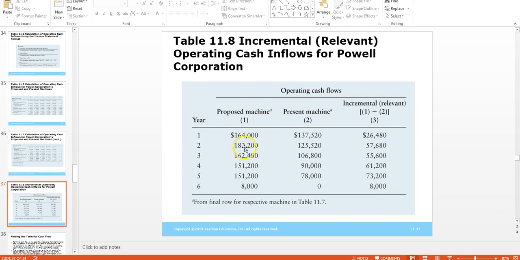So here's the cash flows from the proposed machine, which we previously saw, and here's the cash flows from the present machine. And the difference is basically showing you that it makes sense to buy the new machine, the proposed machine, because you're going to have some larger cash flows. This here is simply the difference between column 1 and column 2.